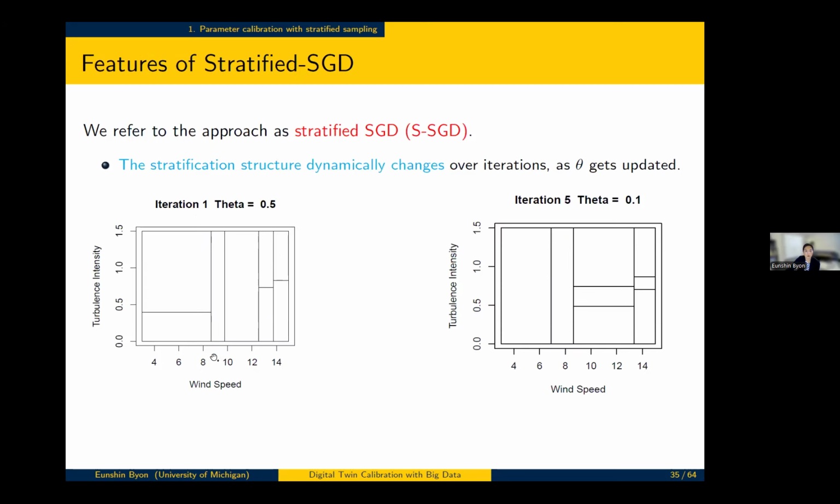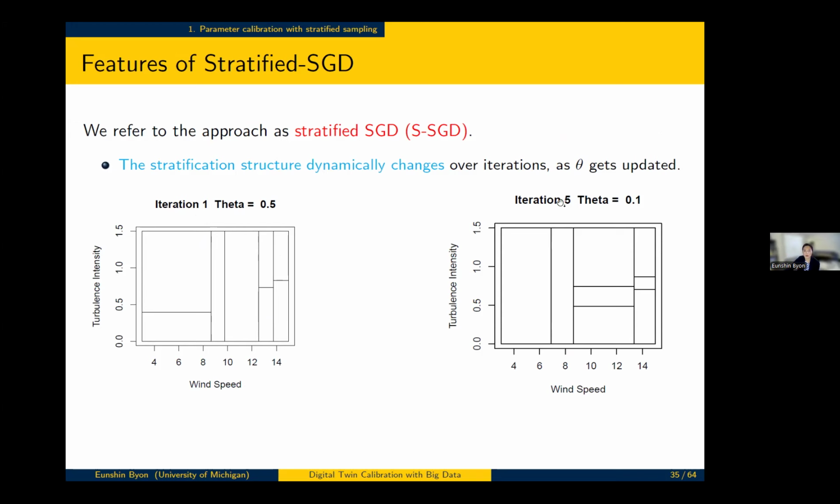So, for example, this is the result from the INFARM case study. In the first iteration, when theta was 0.5, this was the stratification structure based on this binary tree construction. But as we iterate with SGD, the stratification structure changes.